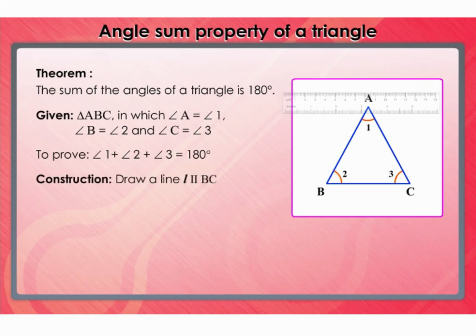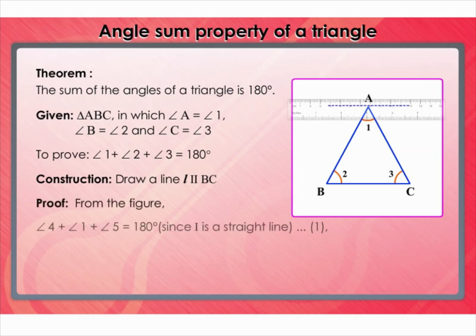Let's draw a line L parallel to BC through the opposite vertex A. From the figure, angle 1 plus angle 4 plus angle 5 is equal to 180 degrees, since L is a straight line. Consider this as equation 1. By construction, we've drawn L parallel to BC.